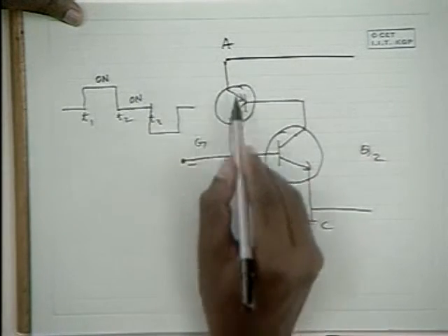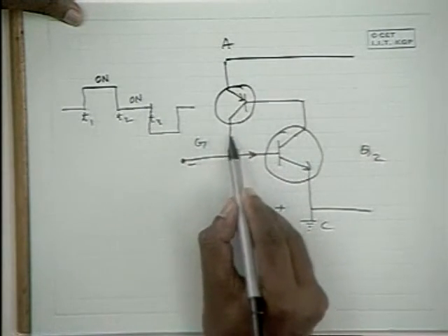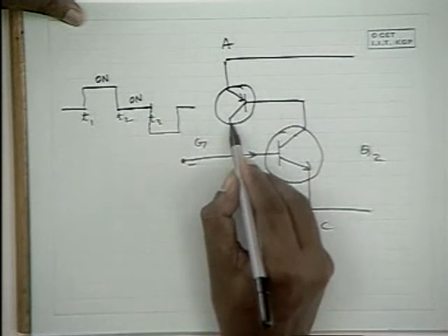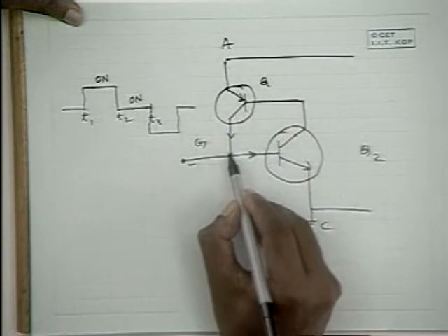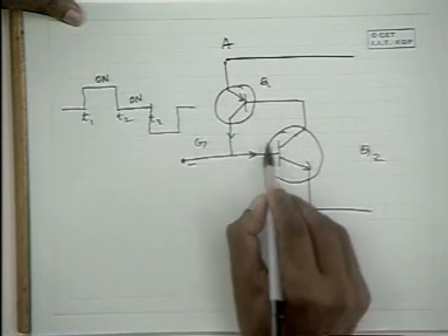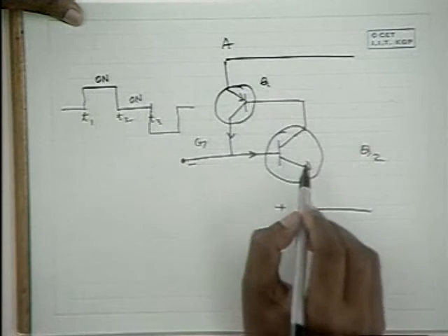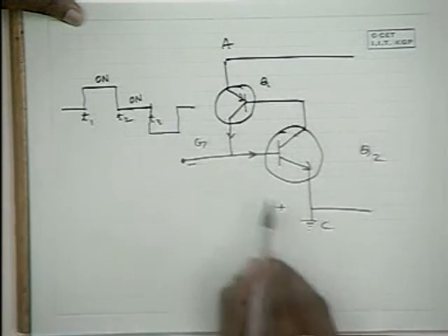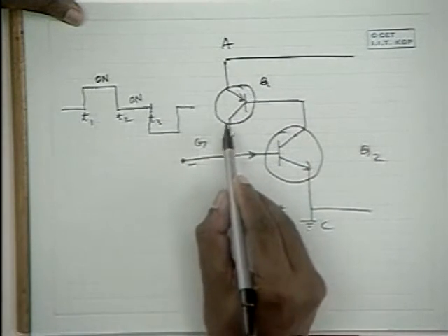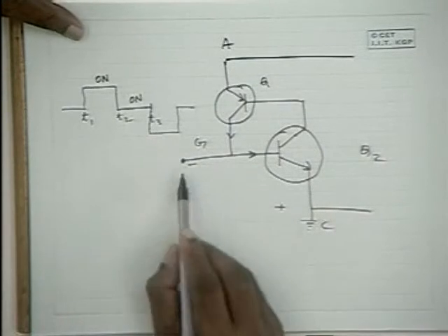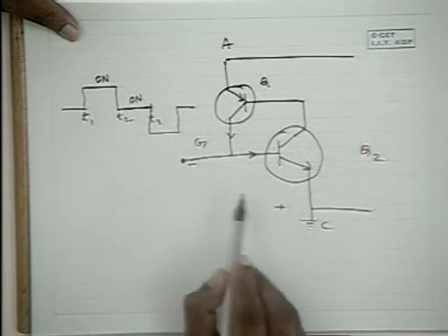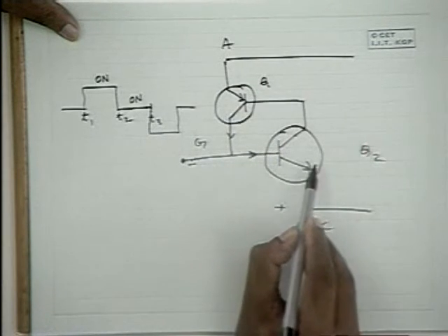At T3, initially there was current flowing, the collector current IC1 from transistor Q1 was flowing into the base of Q2. But now, because of this negative potential applied here, this current will get routed to the negative source, and this junction being now reverse biased, no base current flows.